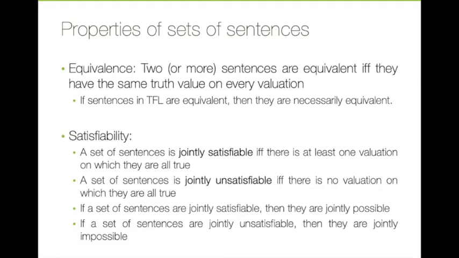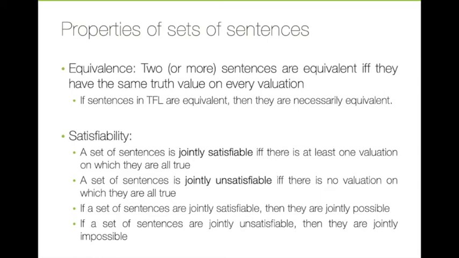And again, another concept we covered in that lesson 1.5 was about joint possibility and impossibility. And again, there's a related concept in truth functional logic: joint satisfiability and unsatisfiability. A set of sentences is jointly satisfiable if and only if there is at least one valuation on which they're all true.